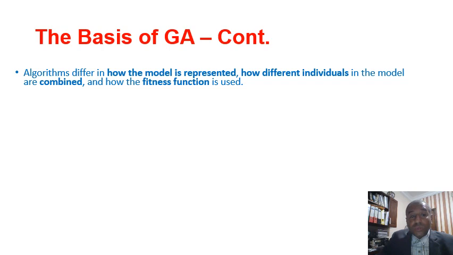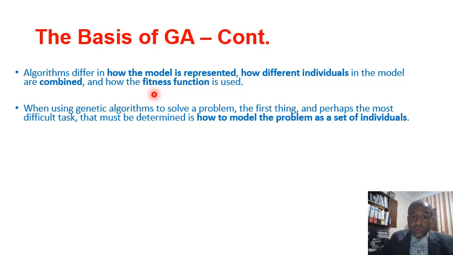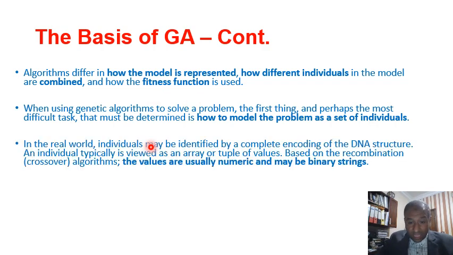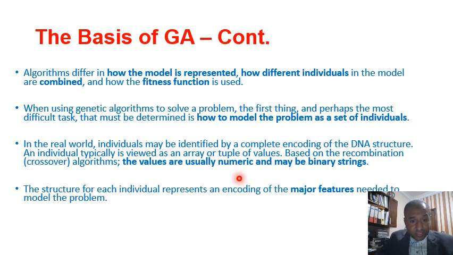The most important issue in genetic engineering is how to represent the solution, how to combine individuals, because combination reproduces children from parents. And what are the fitness functions? These are basic parameters. And then how to model the problem. Usually these chromosomes are represented by numeric or binary strings, 1, 0, 1, and so on, or 1, 2, 3, depending on the problem.